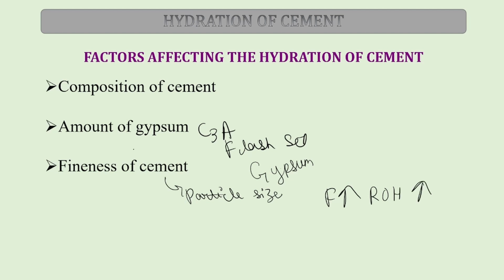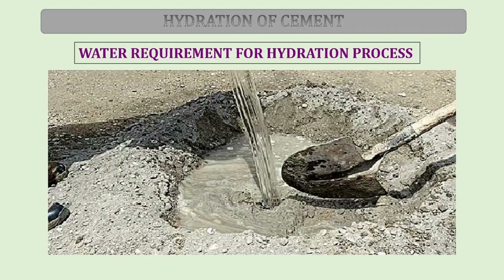Very important. The last one is the presence of chemical admixtures. Now, there are many chemical admixtures available in the market that act as retarders and slow down the hydration reaction at a very early stage.